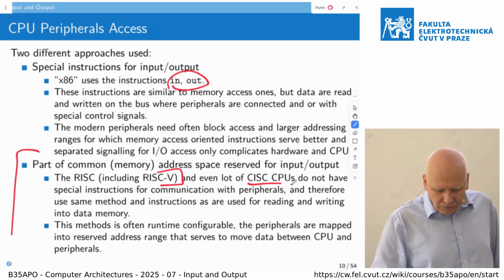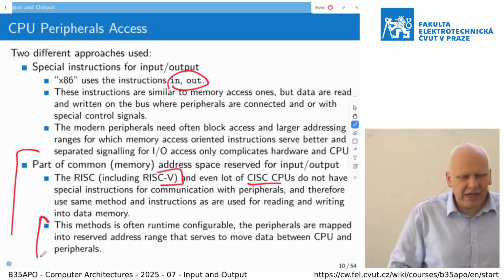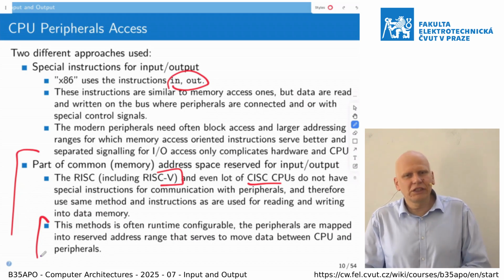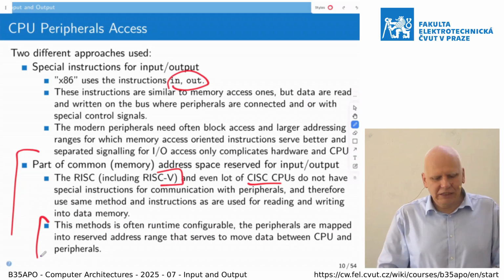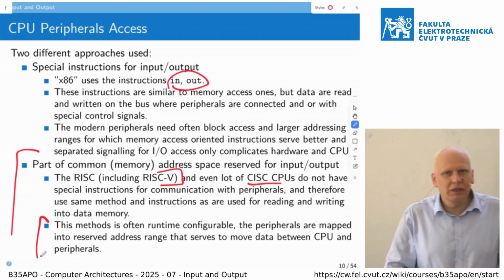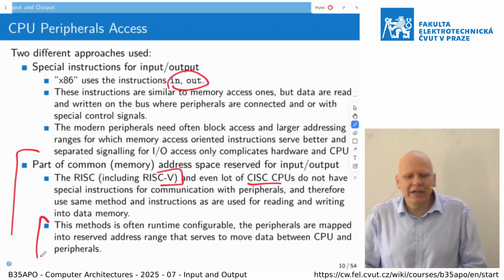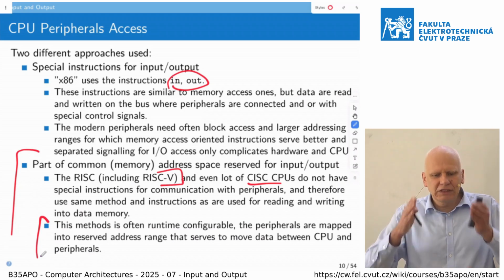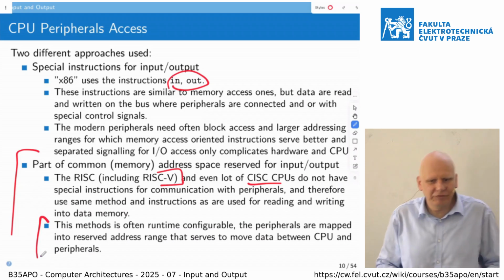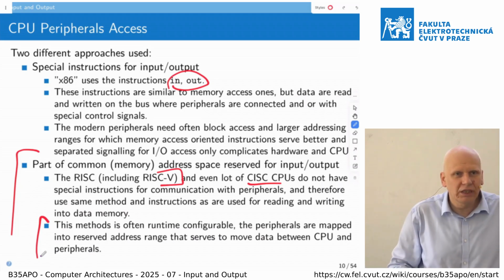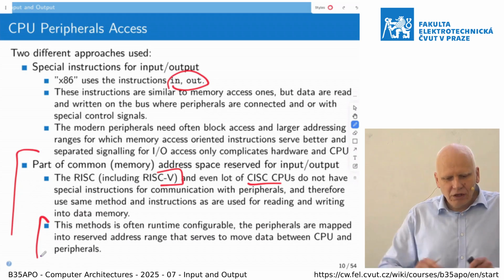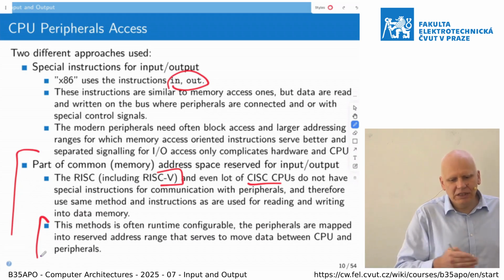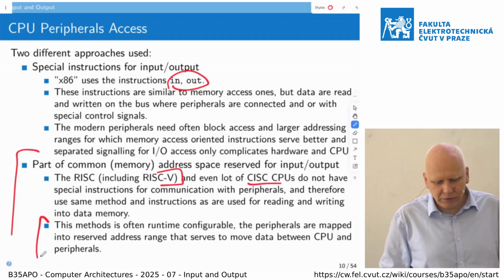The mapping of the peripherals to the memory address space is usually today at runtime, at least partially or fully configurable, because in the past, when you had a new card, you had to study what is the allocation of the address space, the physical address space of the given computer, and then you needed to set jumpers on the board to select into which address it should be mapped in the physical address space of the computer.